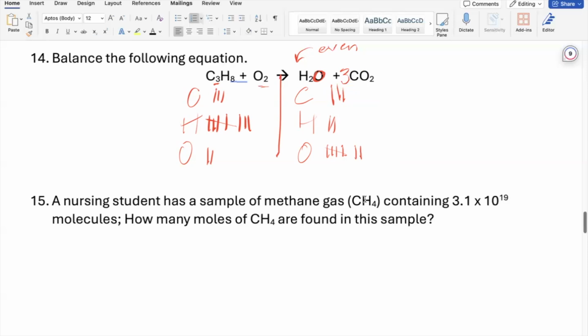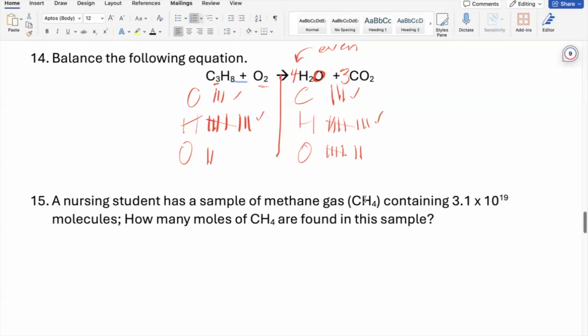If I put a 4 in front of here to balance out the hydrogens, that is an even number, which I did want eventually for the O's. So 4 times 2 for the hydrogens is 8. Now these are balanced, but technically it adds 3 more O's.